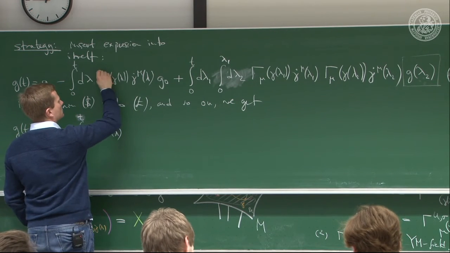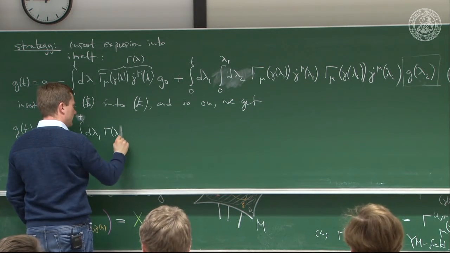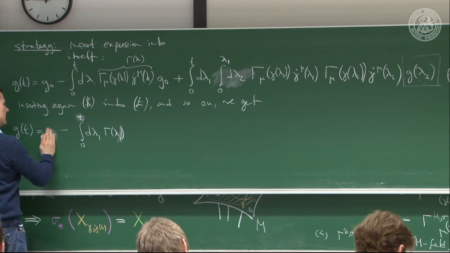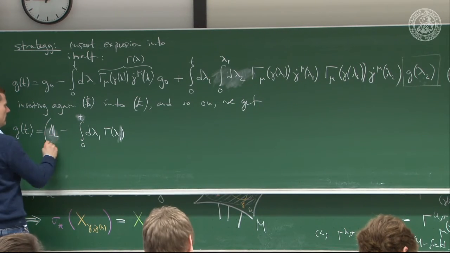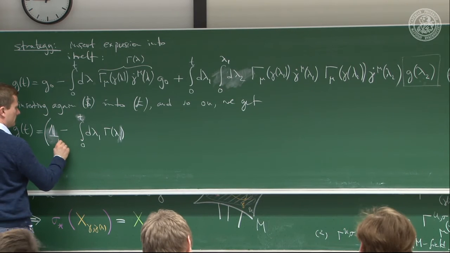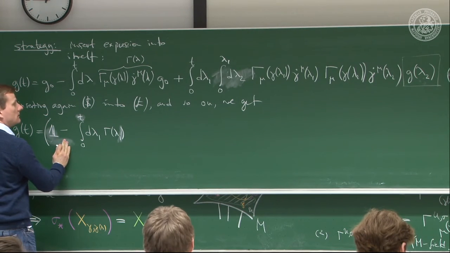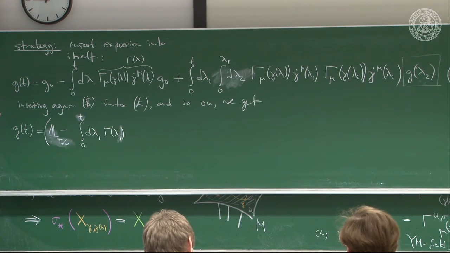Okay, this is just a short form. This is gamma of lambda. Well, it's gamma of lambda 1. Okay, and the g0 I factor out in the end. So I take here the identity on the Lie algebra, or rather g0, the identity here, minus this.